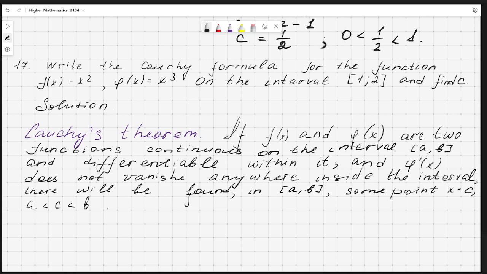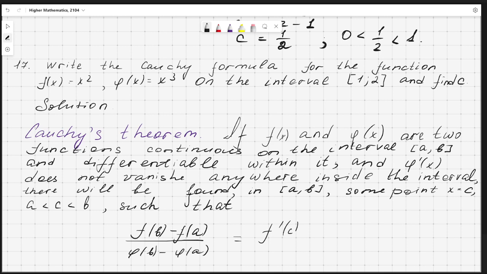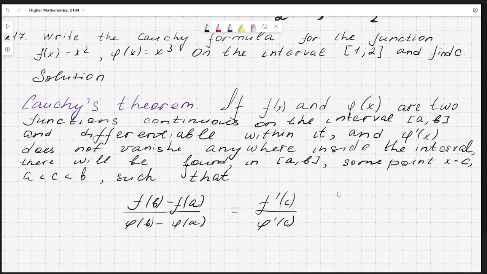such that f of b minus f of a over phi of b minus phi of a equals f prime of c over phi prime of c. We have two functions.